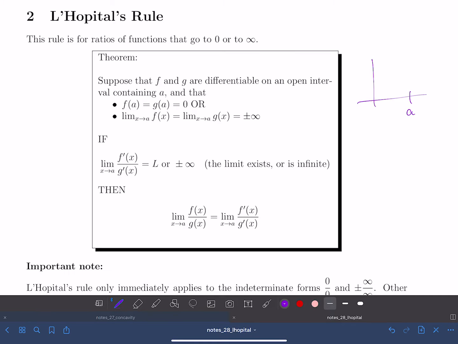I've got my a value. This is the x-axis, and we're thinking about what happens to my function values. What are they doing? And that is about movement on the y-axis, wherever it happens to be going. So as we approach our point of interest on the x-axis, what happens along the y-axis?